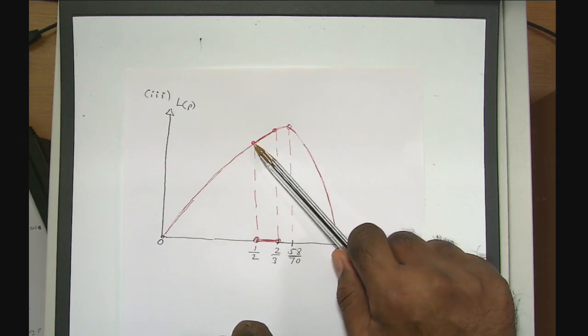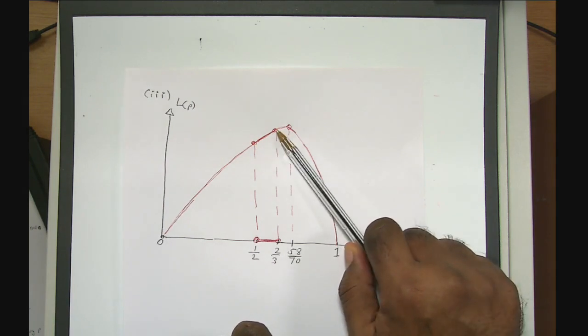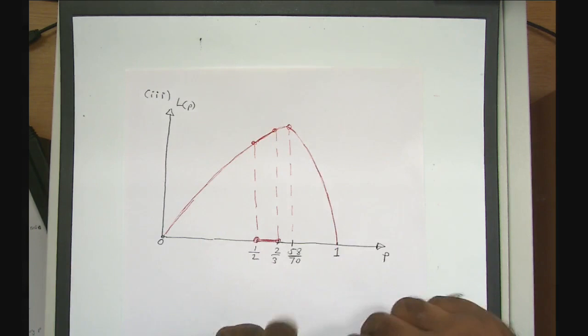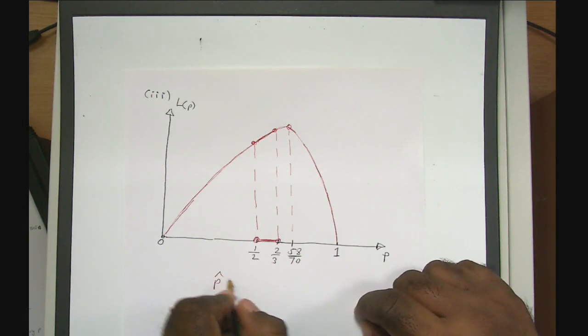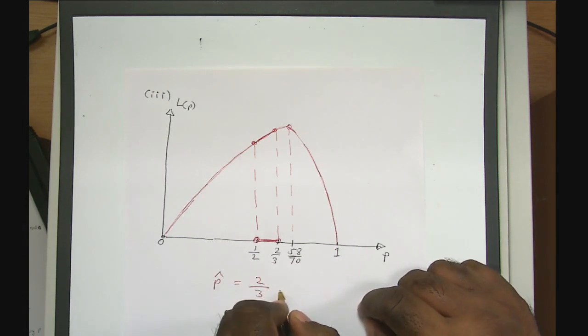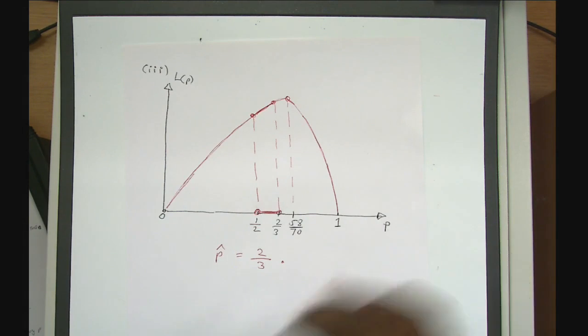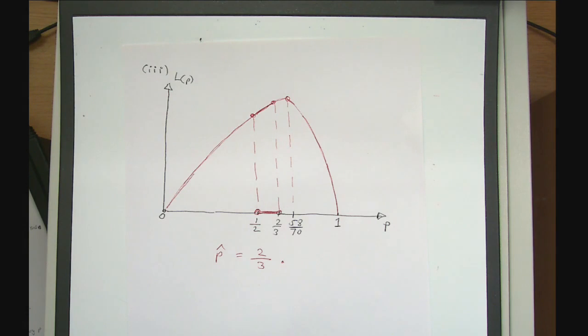It increases from this point to this point. So the largest point is this one, and hence the MLE for P is 2/3. Is that clear? You can see that between half and 2/3 you have an increasing function, so the largest point of the graph between those 2 points is at P equal to 2/3. So it is the MLE.